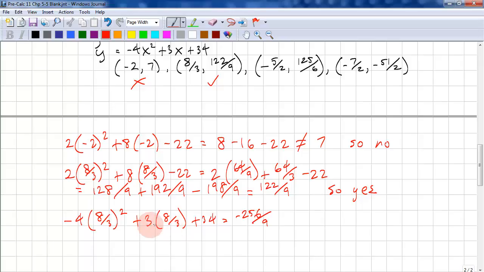The 3's cancel out, but we need to have this over 9, so that's plus 72 over 9, because we're multiplying by 9 over 9. Then plus 34 times 9 is 306 over 9. This equals 122 over 9. So this is good for both equations, so that is a solution. And those are the steps we have to go through. It's a lot of work.